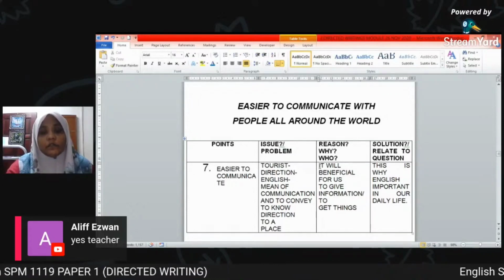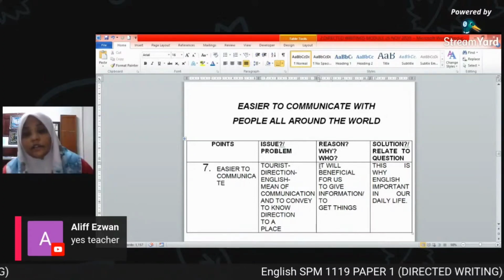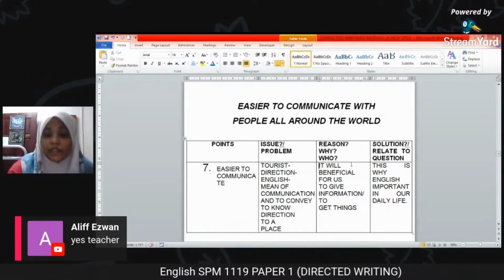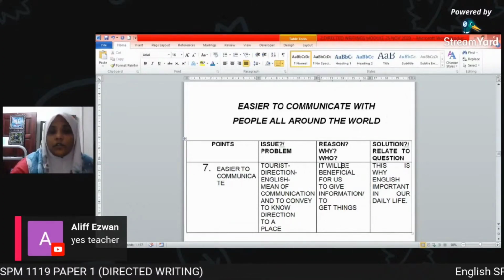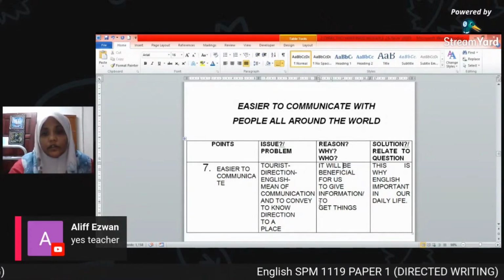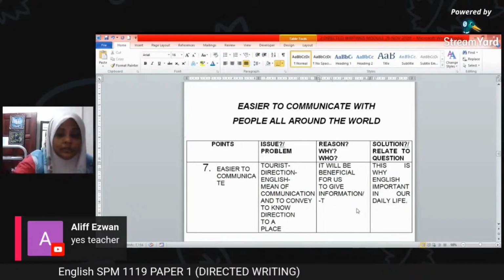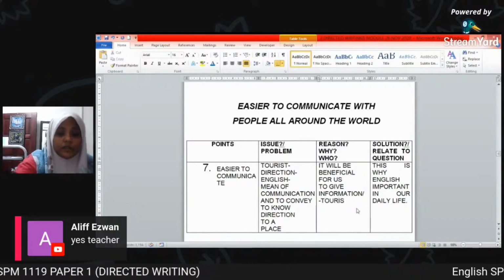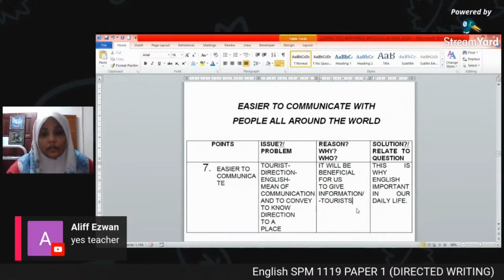Because when a tourist is asking for direction, then you can give them information. So it will be beneficial for us to give information to the tourists. This is only an example.